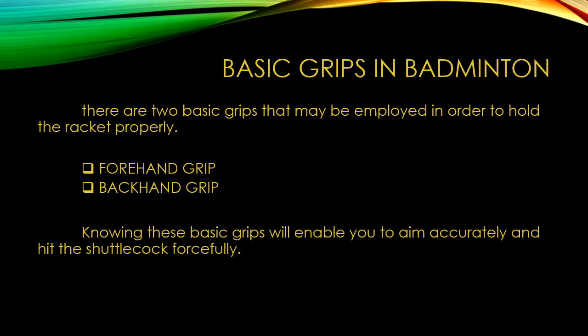Basic grips in badminton. There are two basic grips that may be employed in order to hold the racket properly: the forehand grip and the backhand grip. Knowing these basic grips will enable you to aim accurately and hit the shuttlecock forcefully.